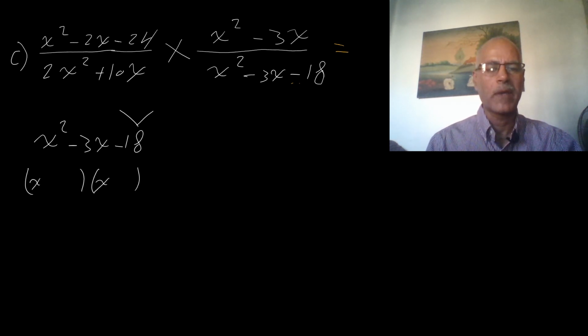Because the last sign is negative, it gives me one negative and one positive. It would be 3 times 6, the difference between them is 3. It will be 6 and 3.